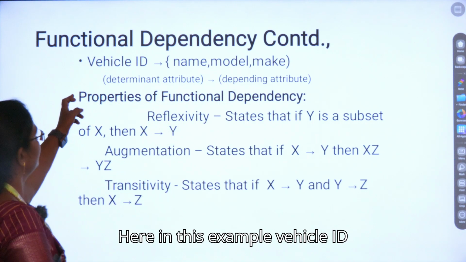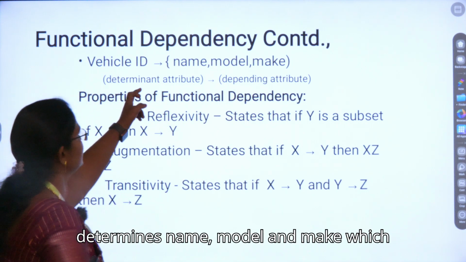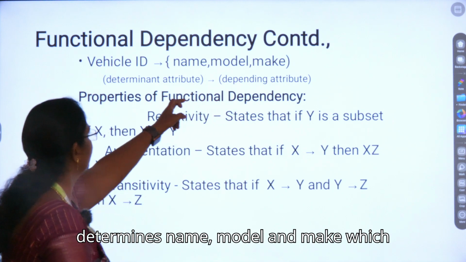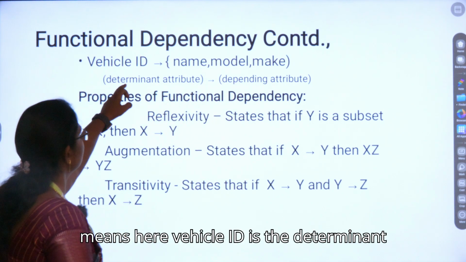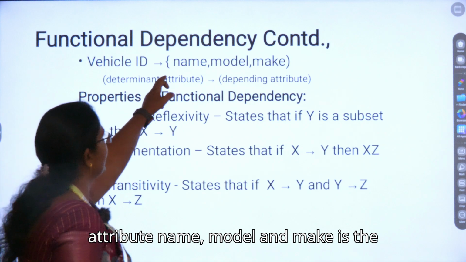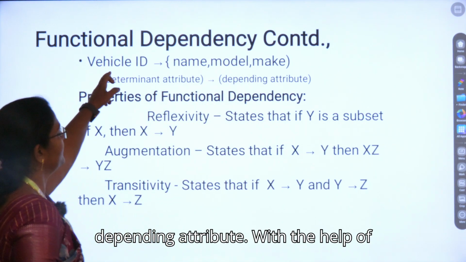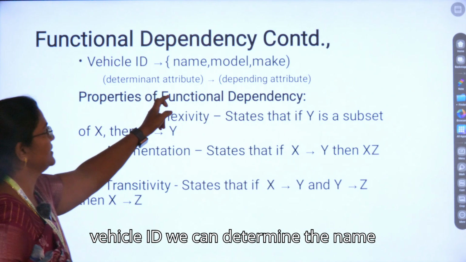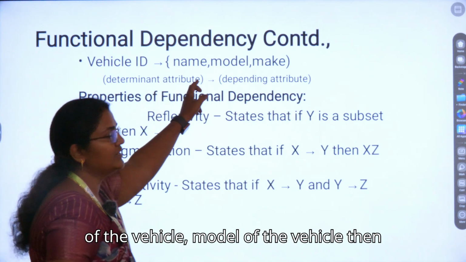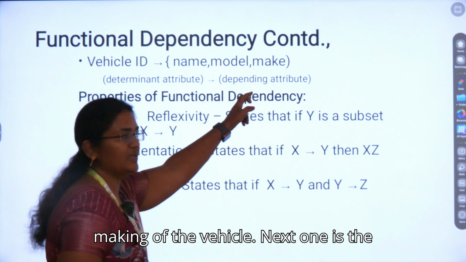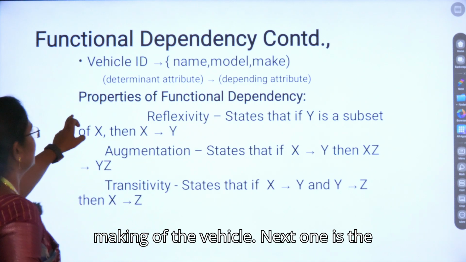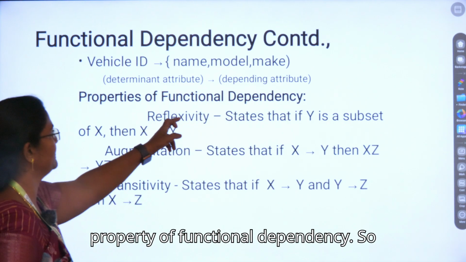Here in this example, vehicle ID determines name, model and make, which means vehicle ID is the determinant attribute, and name, model and make are the depending attributes. With the help of vehicle ID, we can determine the name of the vehicle, model of the vehicle, then make of the vehicle.